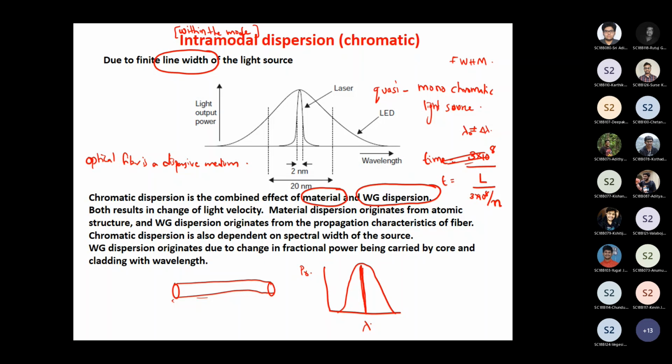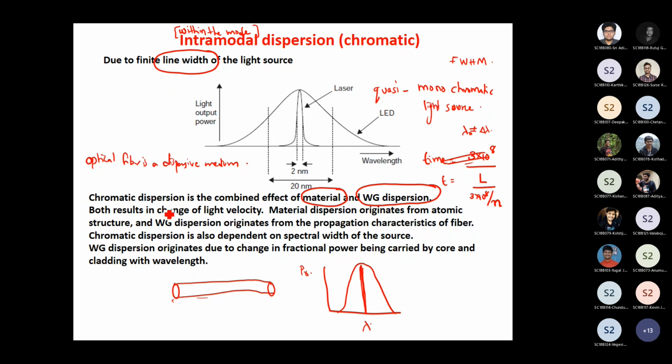That means if you are using an LED as a light source for an optical communication system, then the intramodal dispersion is going to be larger. Chromatic dispersion is also called intramodal dispersion, the dispersion that lies within the mode.